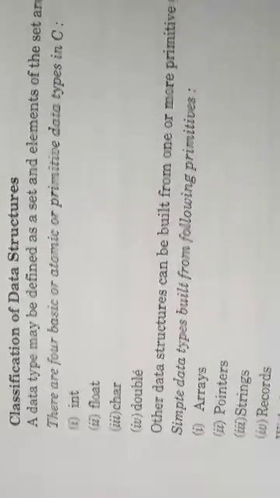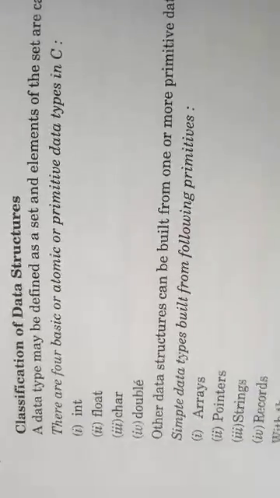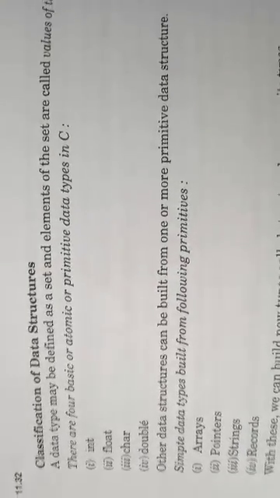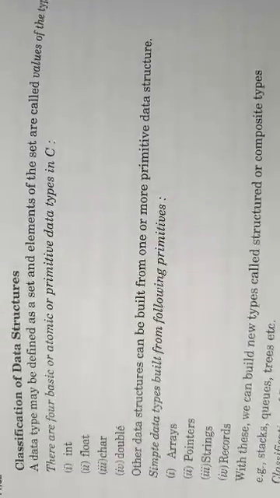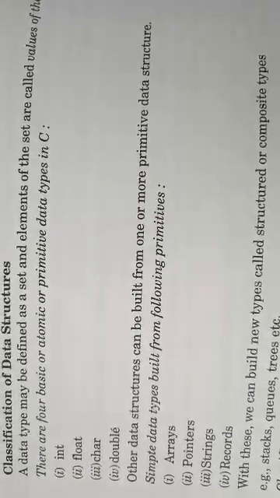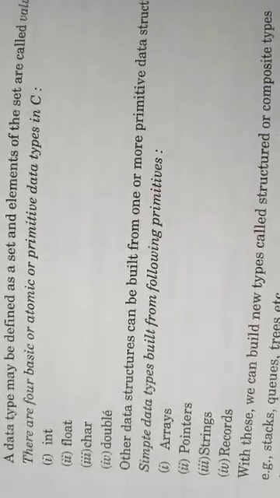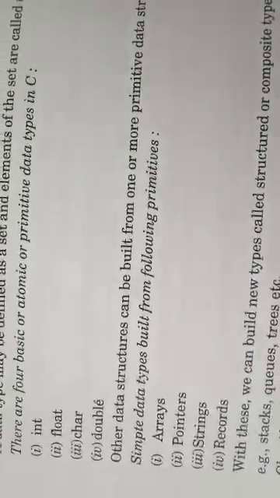Classification of data structure. A data type may be defined as a set, and the elements of the set are called values of the type. There are four basic or atomic or primitive data types in C: int, float, char, double. Other data structures can be built from one or more primitive data structures.